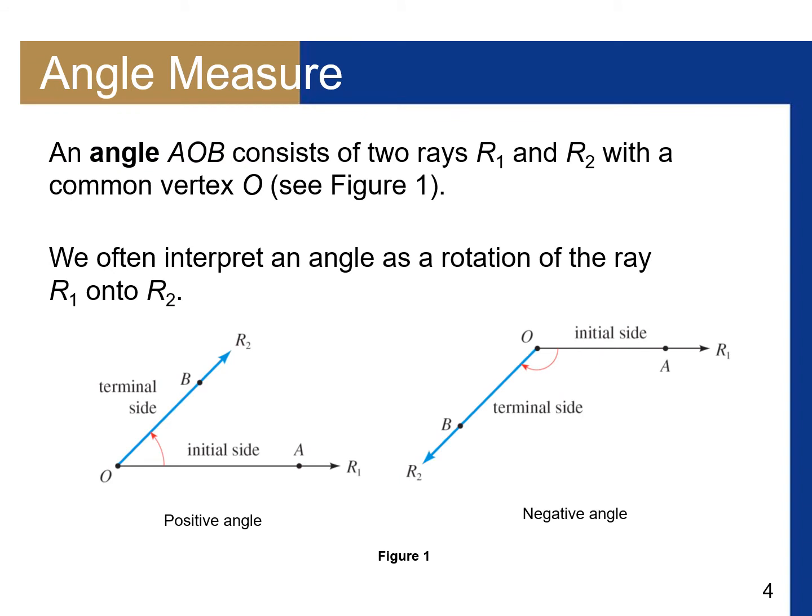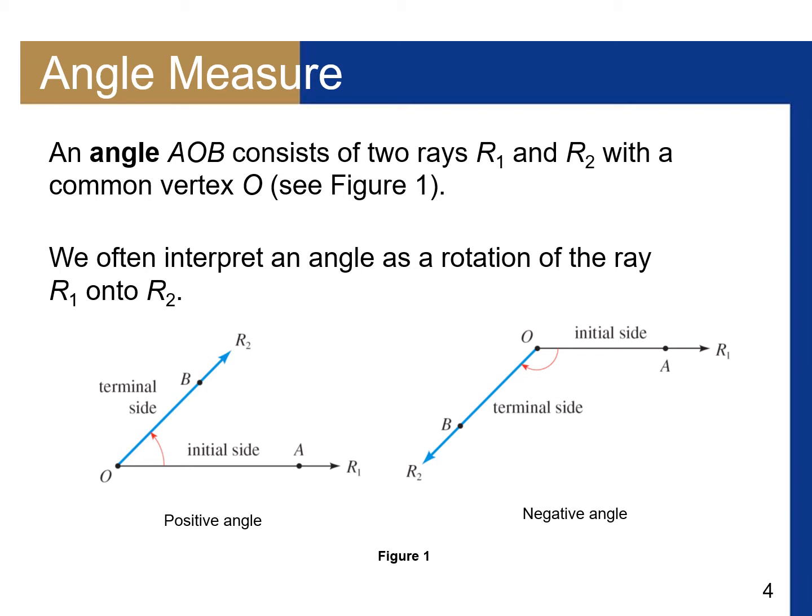An angle consists of two rays with a common vertex. That is your standard definition of an angle. We interpret the angle as a rotation of the ray R1 onto R2 with the initial side and the terminal side. You can see in figure 1 we have the positive angle and then we have a negative angle.